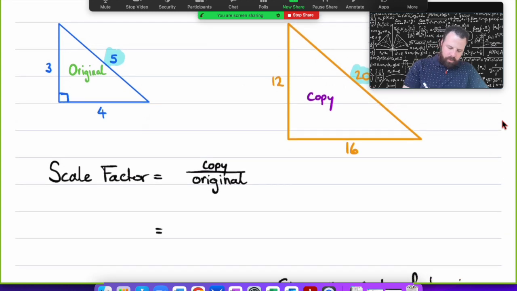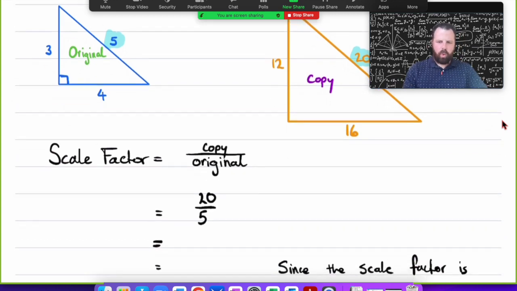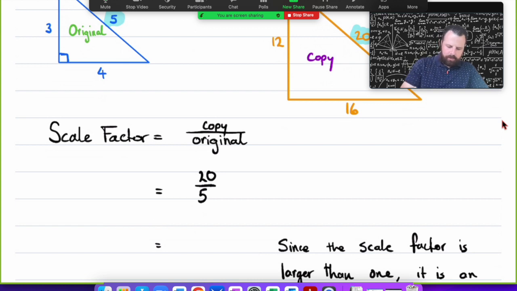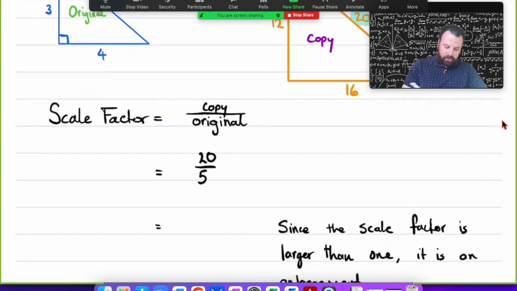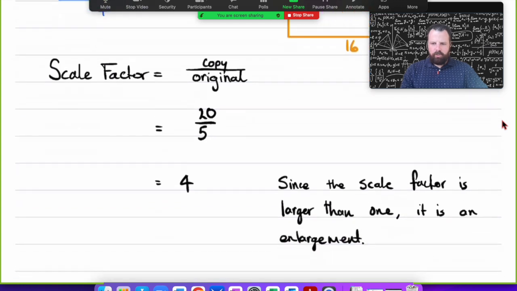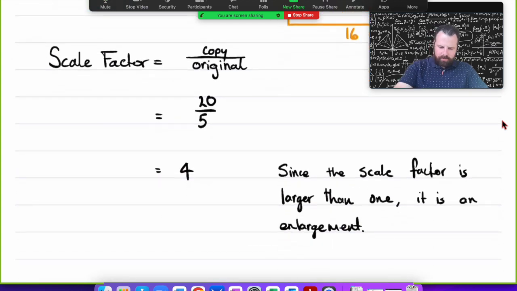I want to do 20 over 5, and 20 divided by 5 is 4. So our scale factor to go from our original to the copy is 4. Remembering, since our scale factor is larger than 1, that means it was an enlargement. It got bigger.